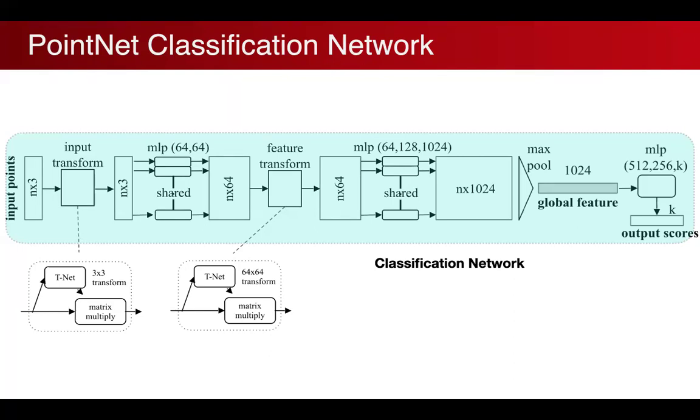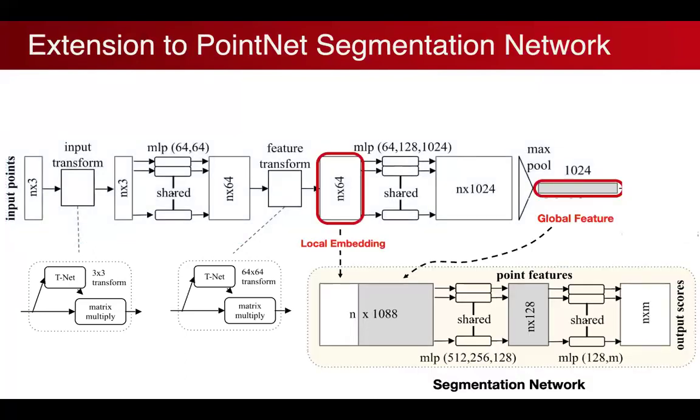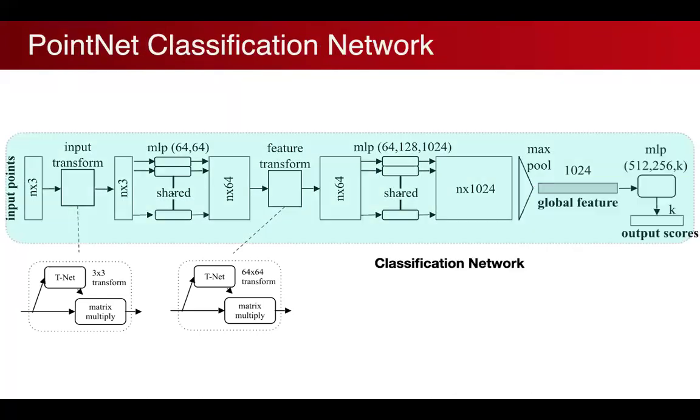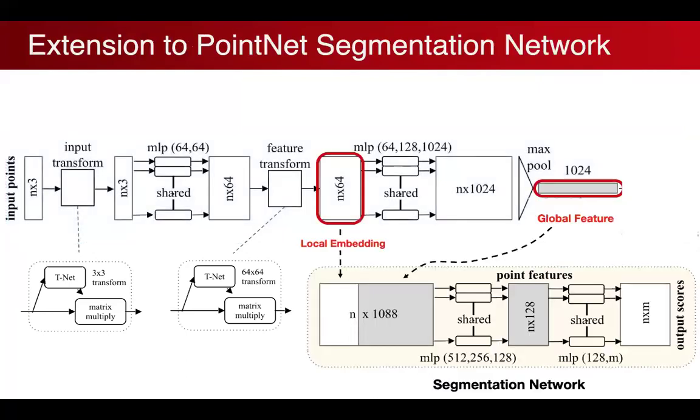Then we can extend the PointNet base to do also segmentation. So when we do segmentation, we take that initial part of the PointNet without the classification. And then we take this last local embedding and the global feature. And then here we put this into this branch that's a segmentation network. And then here we have n by 64, and then 1024.